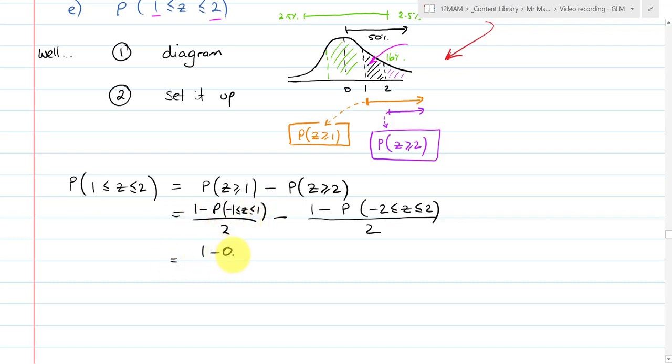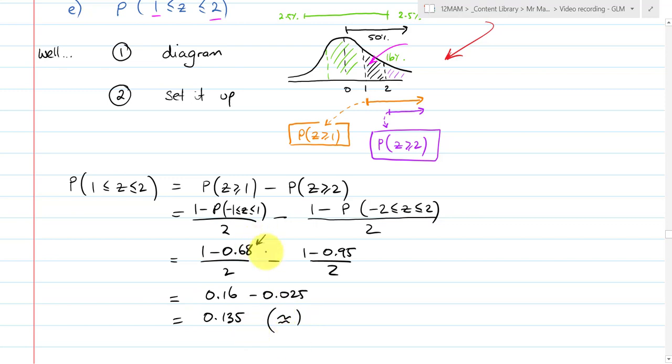That's equal to 1 minus 0.68 over 2 minus 1 minus 0.95 over 2, which equals 0.16 minus 0.025, which is equal to 0.135.